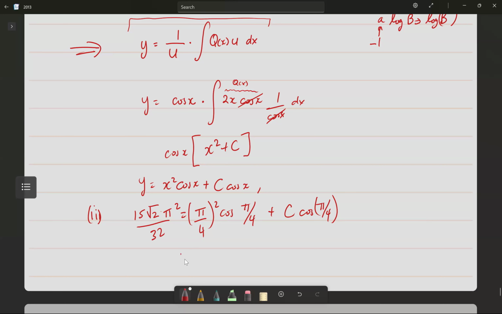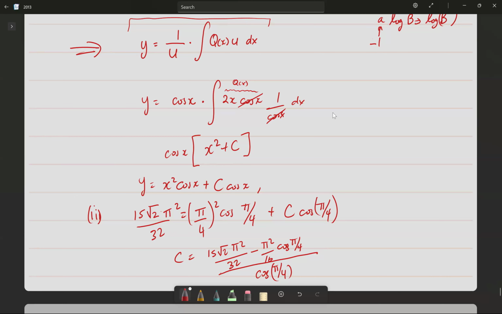So C is going to be 15 square root 2 pi squared over 32 minus pi squared over 16 cosine pi over 4, all divided by cosine of pi over 4.